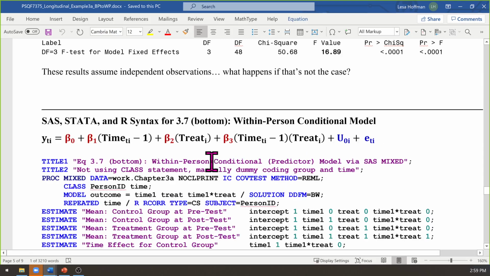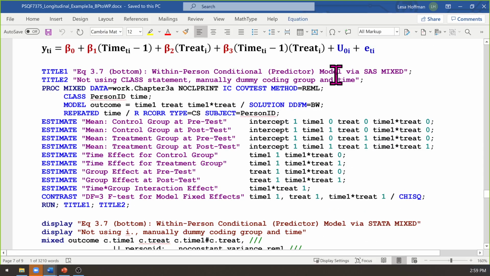So let's see what happens when we fix it. Our new friend, U0. We've added a random intercept. We've split our residual variance into that which is between persons, U0, level 2, random intercept, and that which is within persons, E, level 1, within-persons residual.